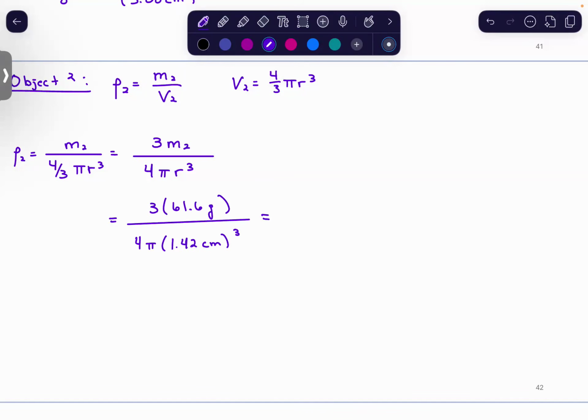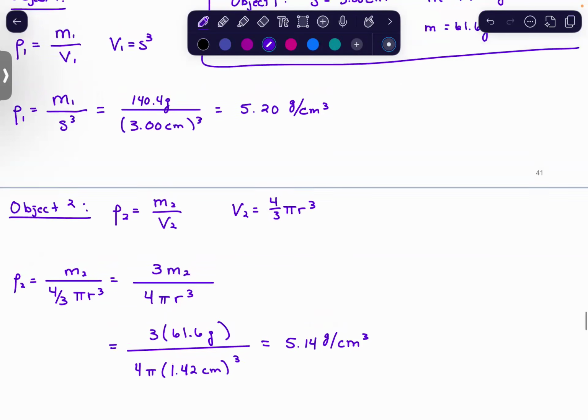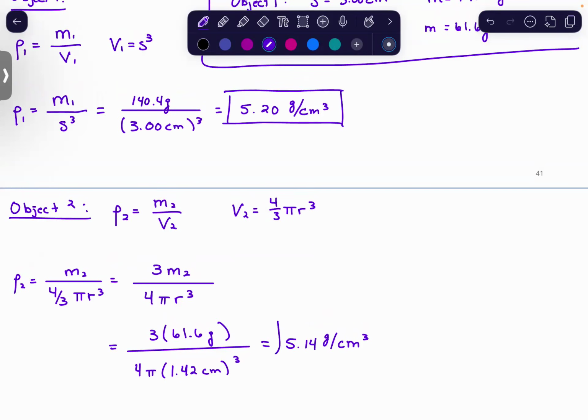And when you multiply this all up, you're going to get 5.14 grams per cubic centimeter. Now you can notice these two densities are very, very close to each other. So you start to have a sneaking suspicion that, yes, this is the same metal. But let's just take a look at that 1% tolerance.